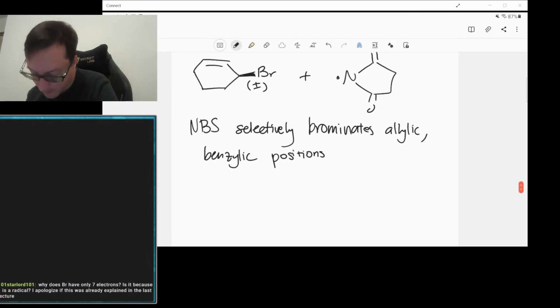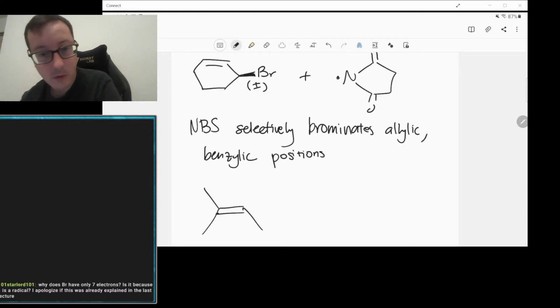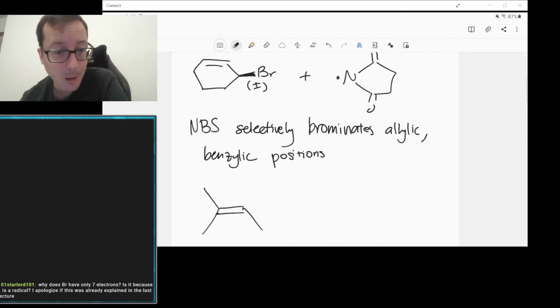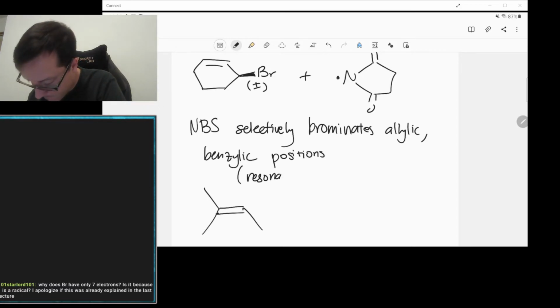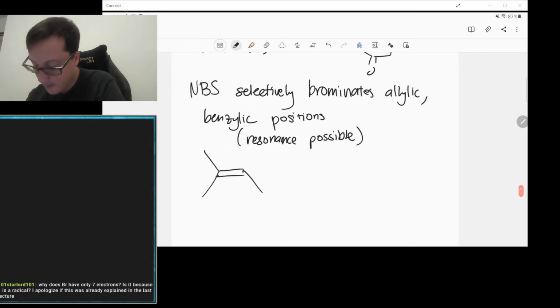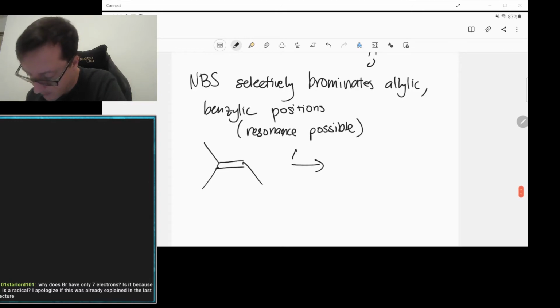And so if you have something like this, we're going to see we can end up with multiple products here because of resonance as we go through. If we go ahead and do some NBS on this stuff, we have multiple allylic positions, right? You can brominate here, you brominate here.